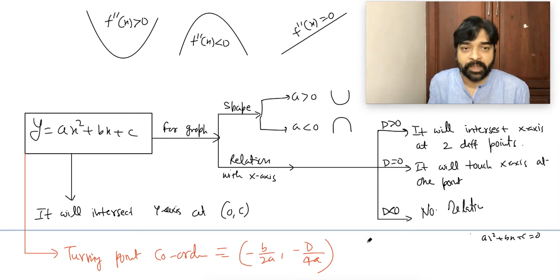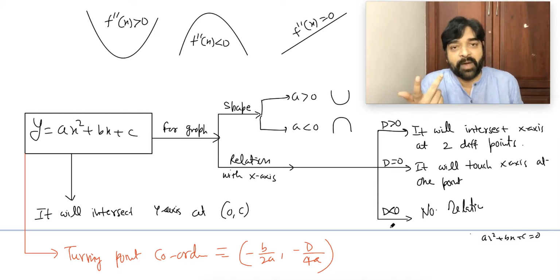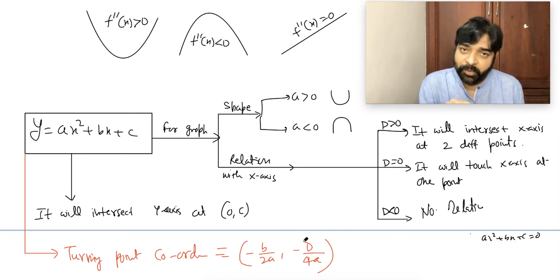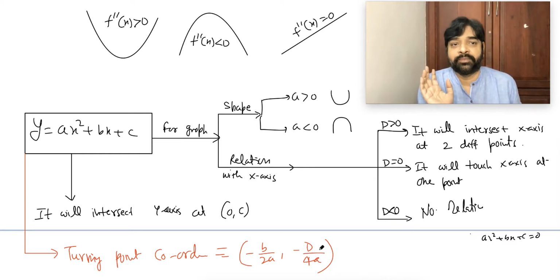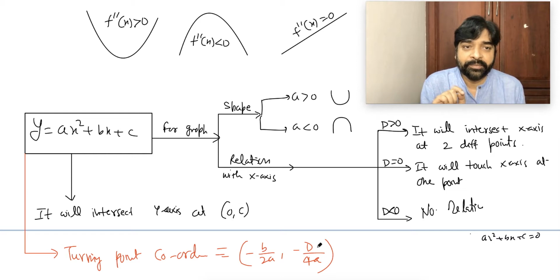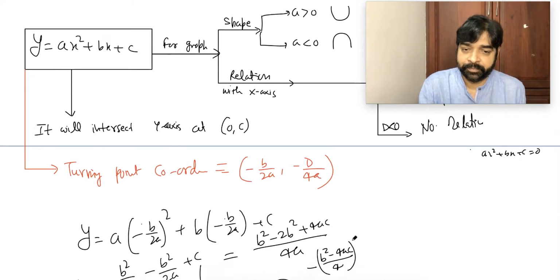So for any quadratic expression, the maximum or minimum value will be minus D by 4A. If a is positive, this will be the minimum value. If a is negative, this will be the maximum value. I hope it's clear to all of you. Understand everybody? Right.